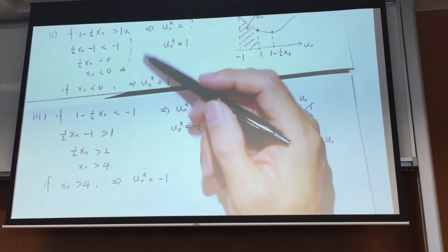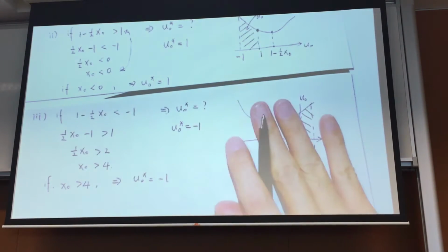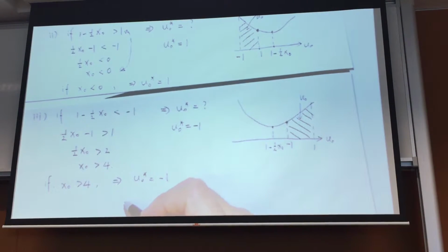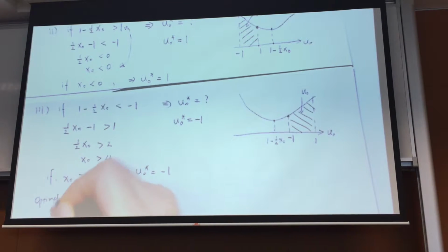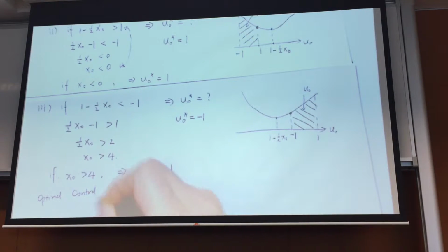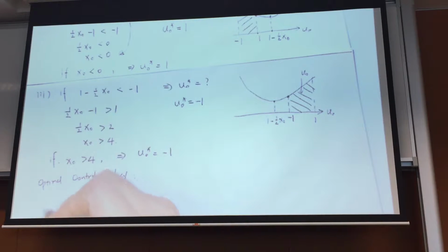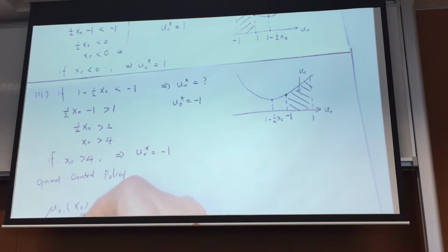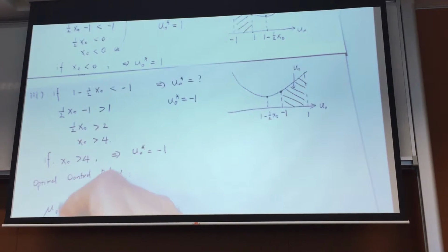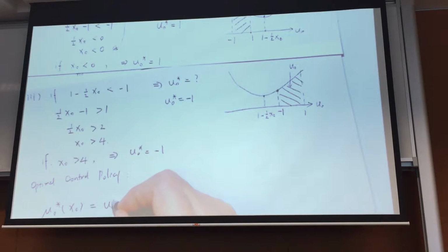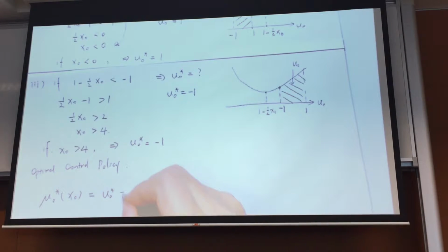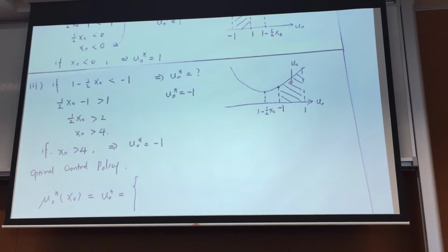Now we can summarize the 3 situations to get the optimal control policy. Our optimal control policy mu0 depends on x0, and u0 star is given by 3 situations.